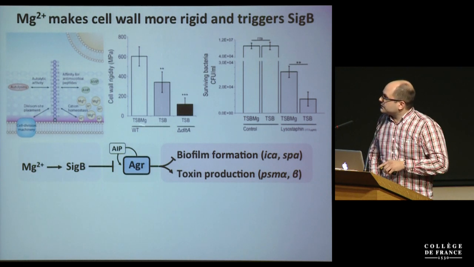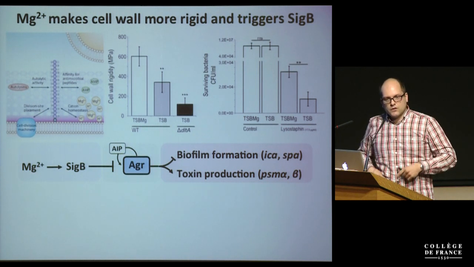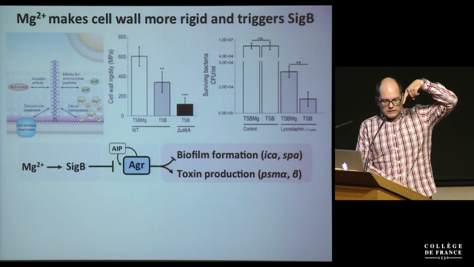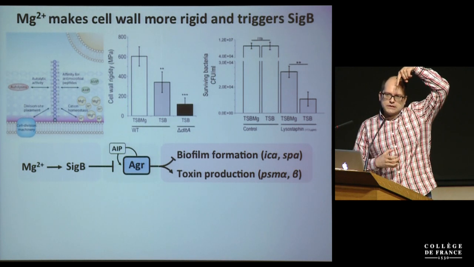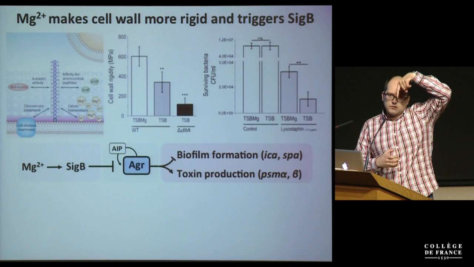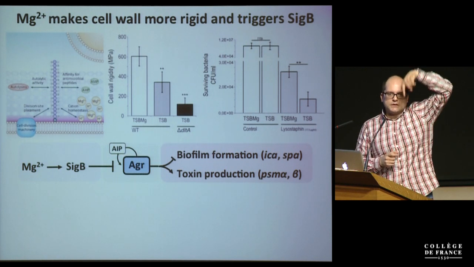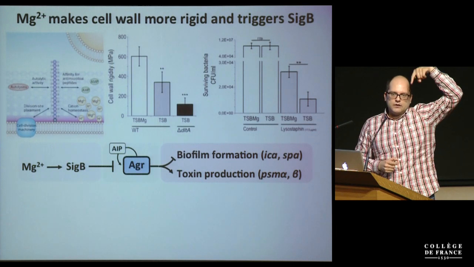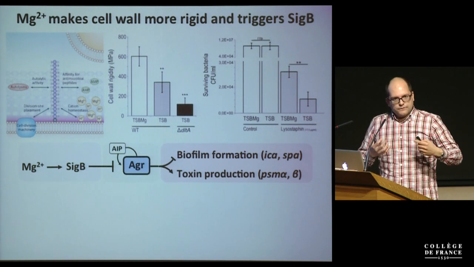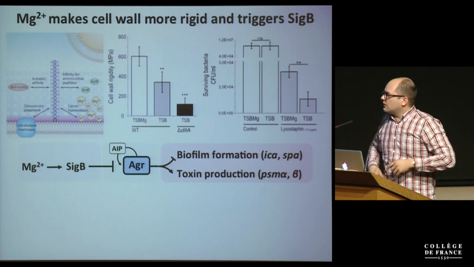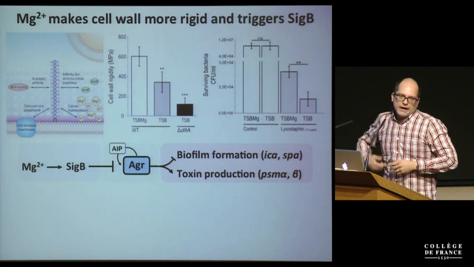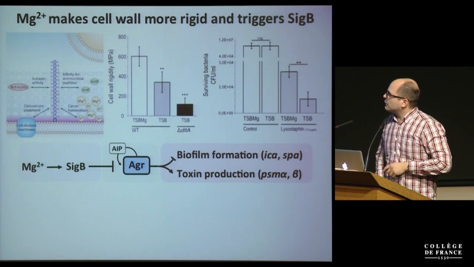This is an atomic force microscopy experiment. The microscope has a needle, and we poke the cell wall of one given cell, and we measure the force with which the needle is pushed back. If it has a rigid cell wall, it will be pushed back with more intensity, with more force.